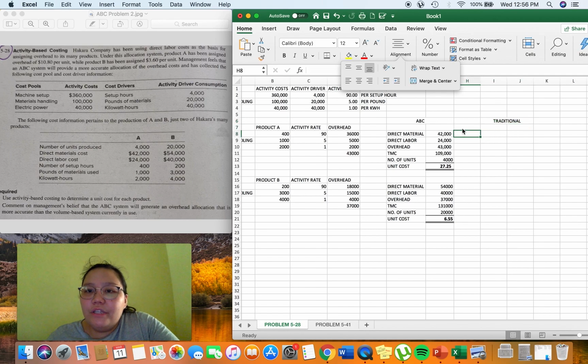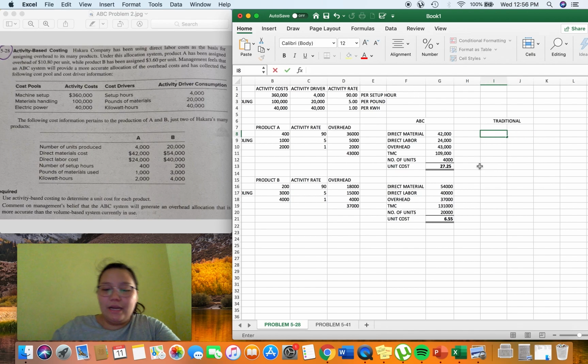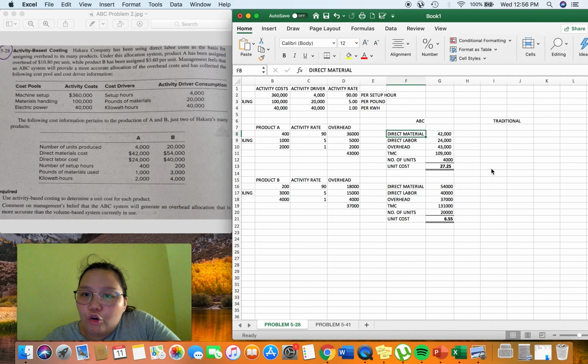So, for our direct material, kasi what happened here is that we are given the overhead cost per unit na lang. So, what we can do here is we can simply compute for the total prime cost. O kaya, sige, para consistent tayo, no? So, basically, we compute for this, pero ang gagawin na natin, per unit na lang siya. Okay? We compute for this per unit na lang.